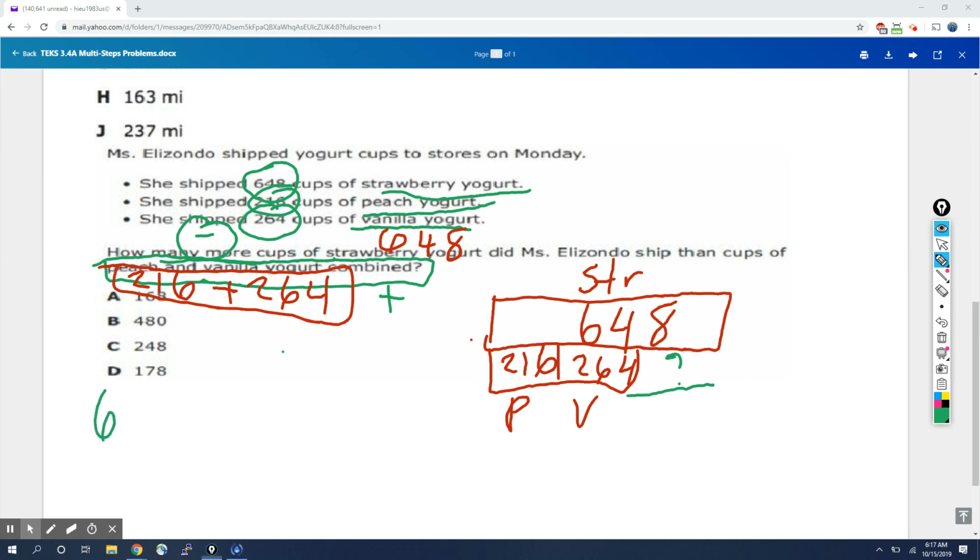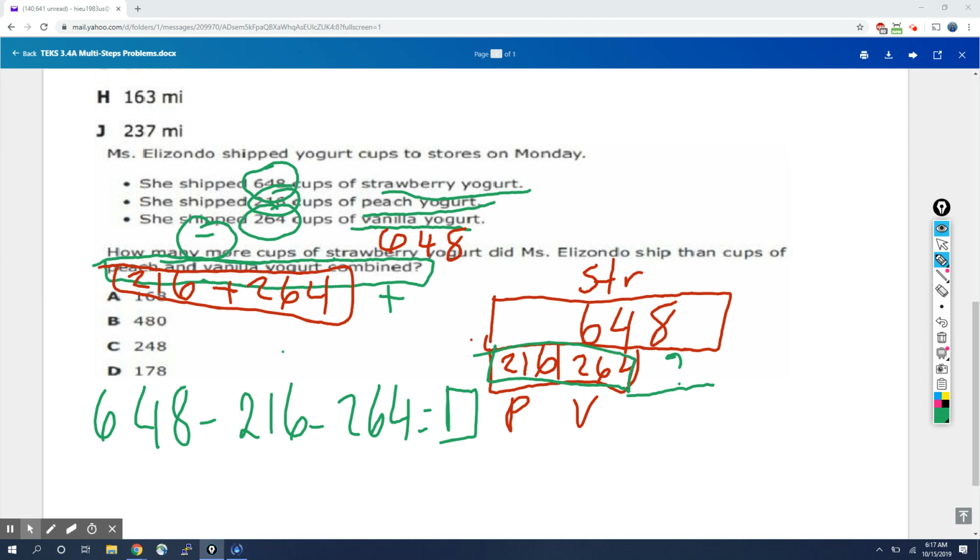648 take away 216, take away 264 equals this. Or another way that you can do is to combine the two together first. So 216 plus 264.